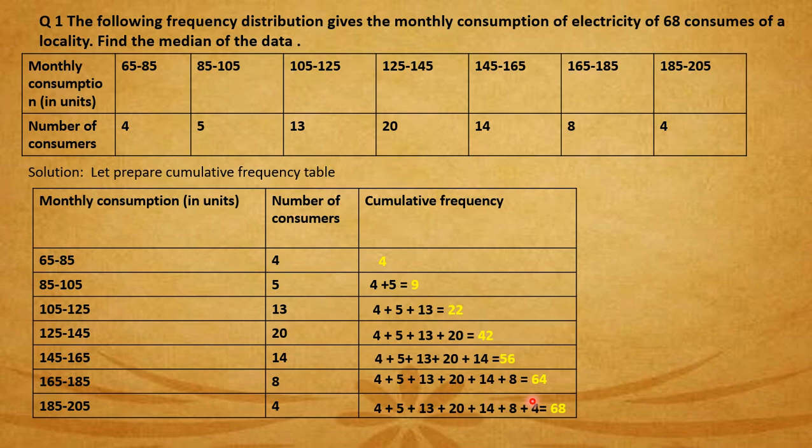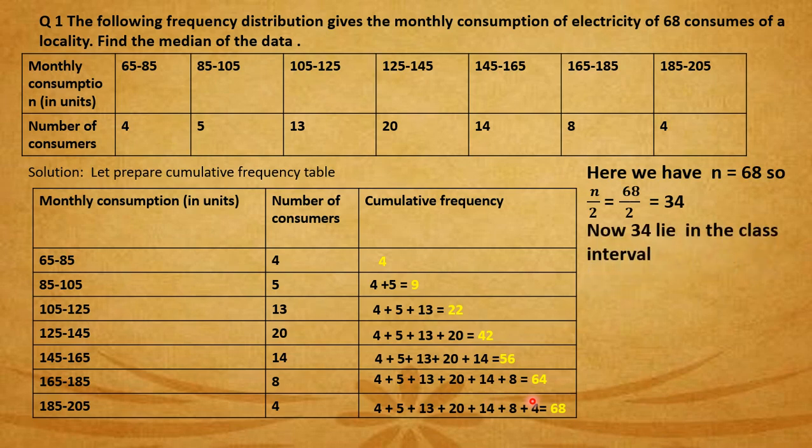As we are finding the median, the mid value, whatever the number of observations is, we have to divide it as n by 2. 68 by 2 is 34. Now, in which class interval does this 34 lie? Observe the Cf column. Is 34 there? No. Is it in 22?